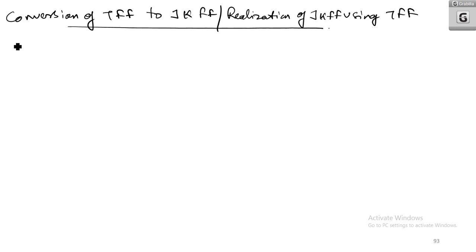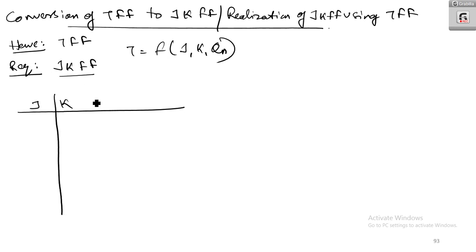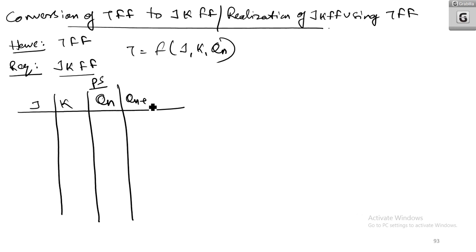Here what you have is a T flip-flop, and what you require is a JK flip-flop. Therefore you need to write T as a function of J, K and Qn. The inputs are J and K, and you can have Qn also. Qn is the present state, Qn plus 1 is the next state, and you need to find T.